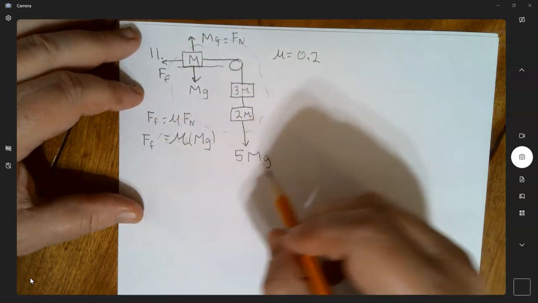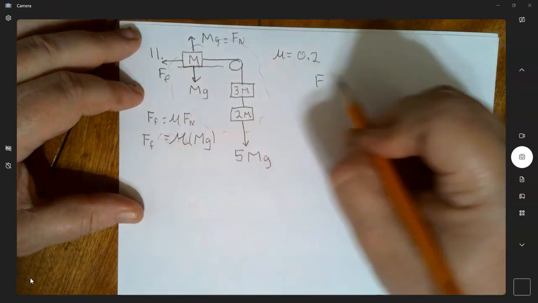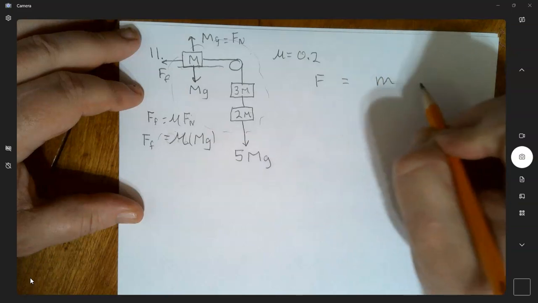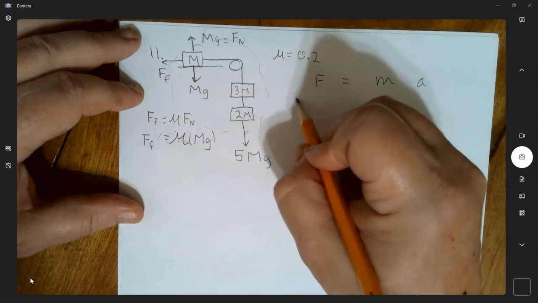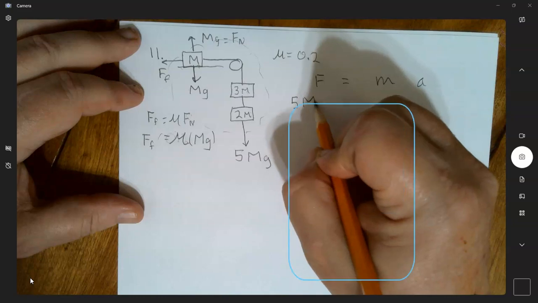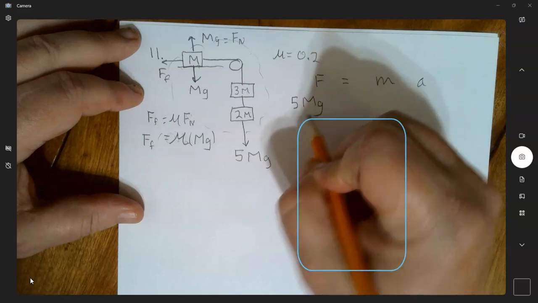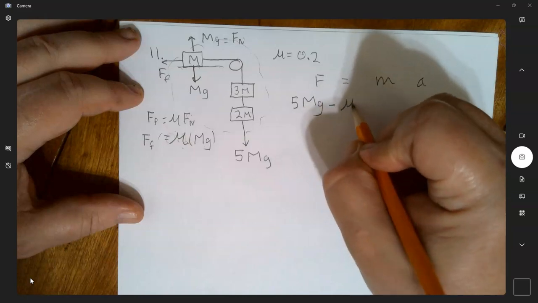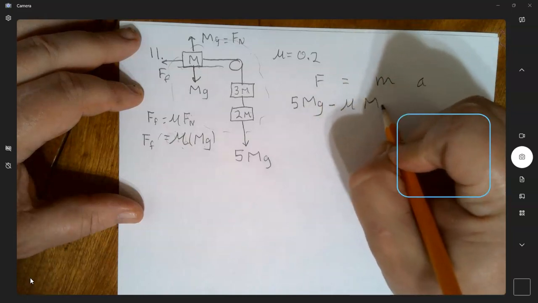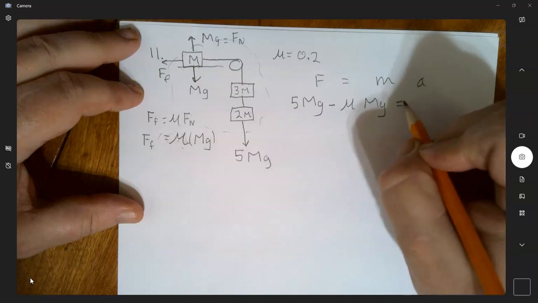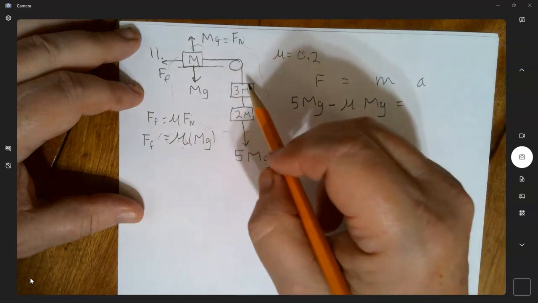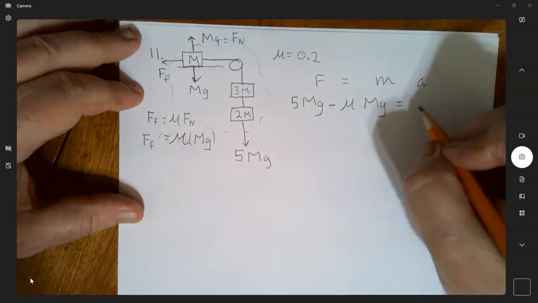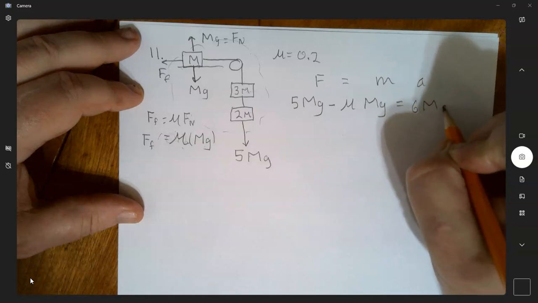Okay, so the forces come over here. F equals ma. The total forces are 5 mg minus mu mg, the friction force, and it equals the total mass, which is 1 plus 2 plus 3, or 6m, times a.